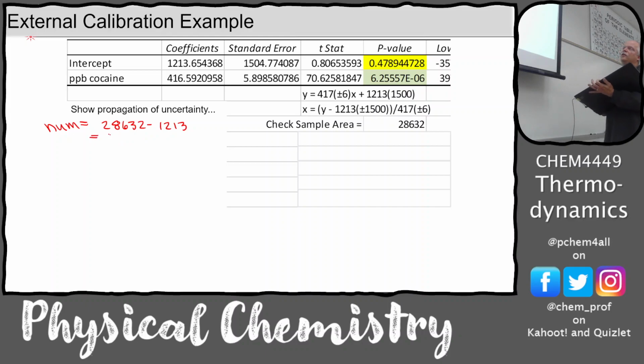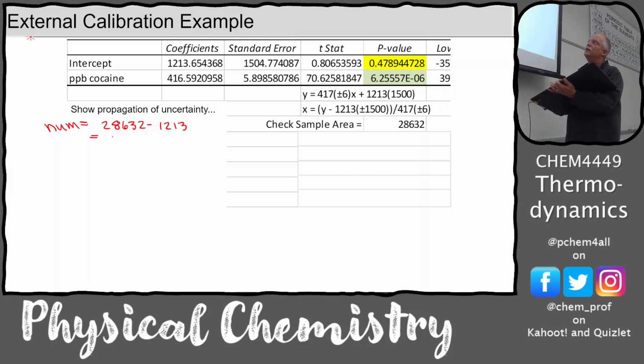So if you're doing this on your calculator, please call the numbers out to me. And then we'll just have the second person check that number. 27419. Okay, and so that's the numerator. Then what's S numerator?